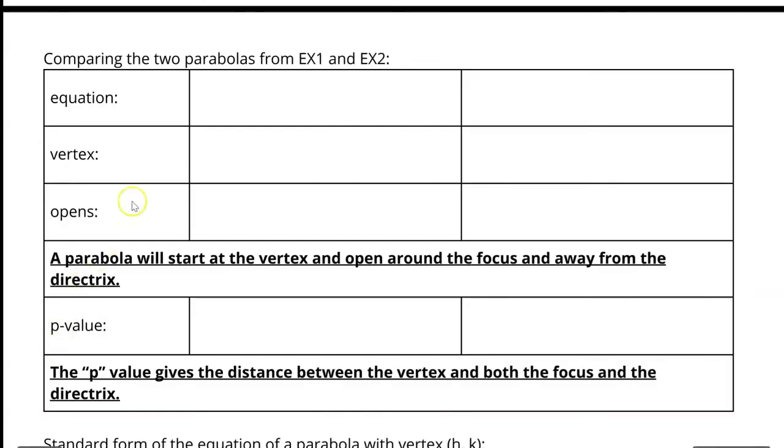Okay, so what I'm going to do is look at the two equations that we just determined and see if we can find some common information. For the first one, it was (x - 2) squared equals 4 times (y - 3), and that's after we factored the right hand side. And for the second one, we got (y - 5) squared equals negative 24 times (x - 1).